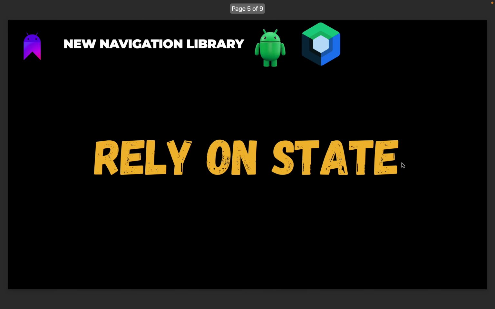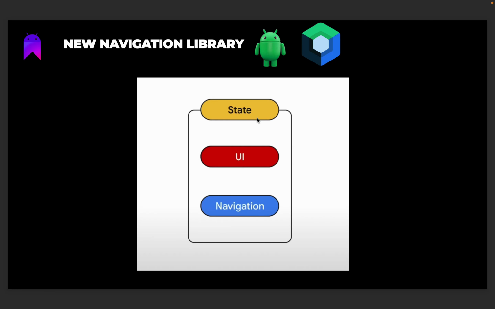But the best way will be that our UI and navigation both are relying on the state. And the benefit in this approach will be that UI and navigation both are listening to the same state. So there is no need of any events or any other thing. Navigation can also listen to the same state which UI is observing, and we can show the latest content based on the state. Okay, so Navigation 3 library does exactly the same thing.